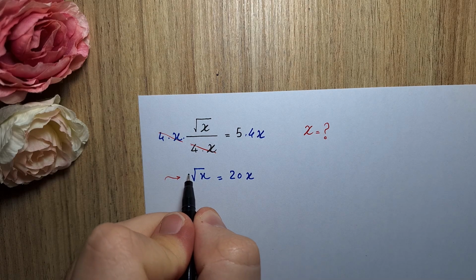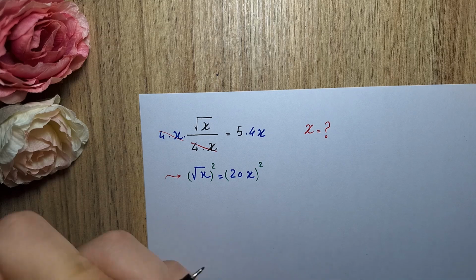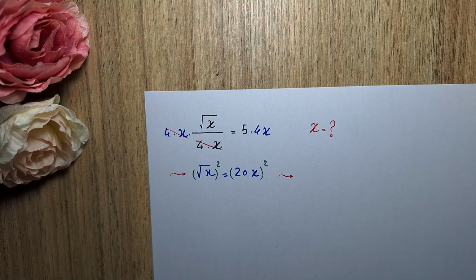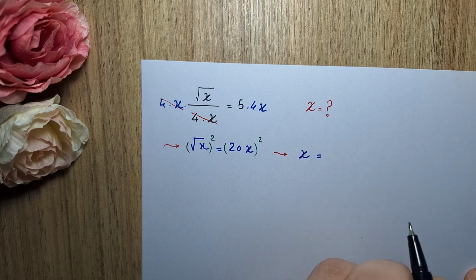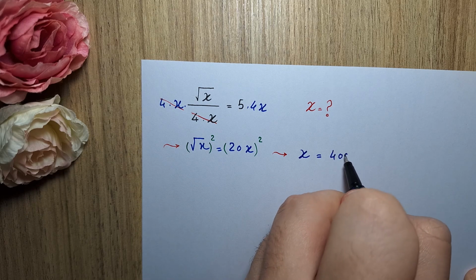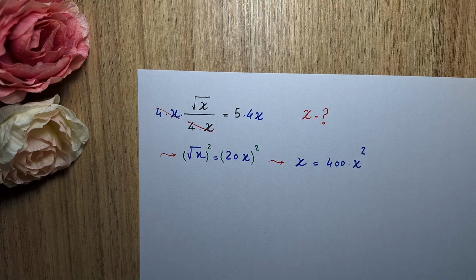Now let's square both sides of the equation. So we can write x is equal to 400 times x squared.